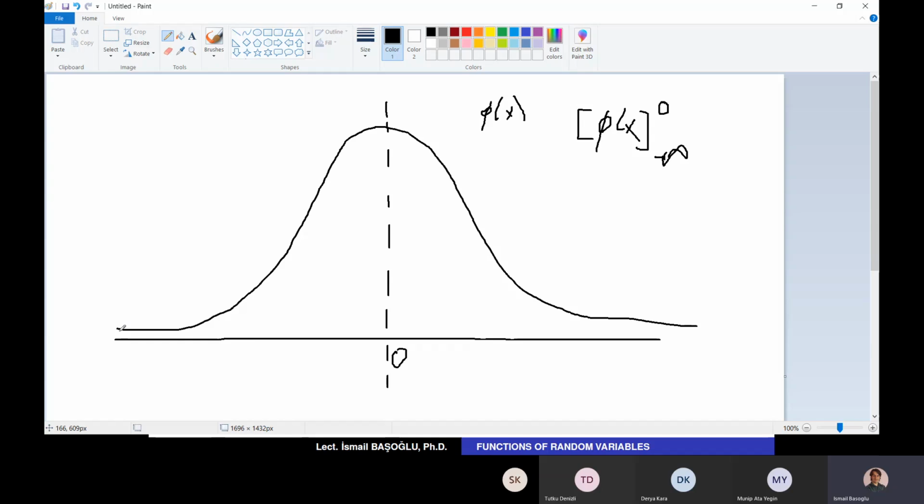So what is the value at minus infinity? The value at minus infinity is 0, as you can see. So the result is something minus 0. And what is the value at 0? The value at 0 is going to be equal to 1 over square root of 2 pi.